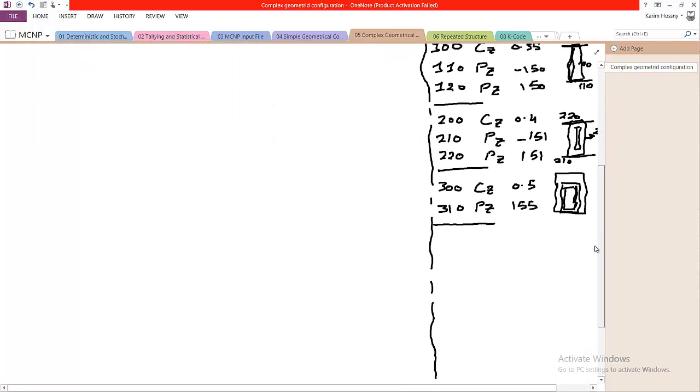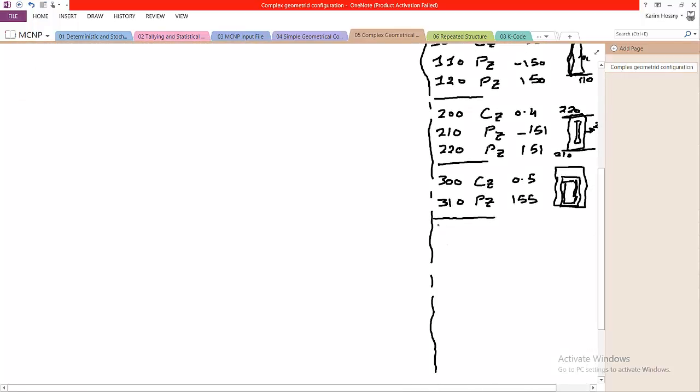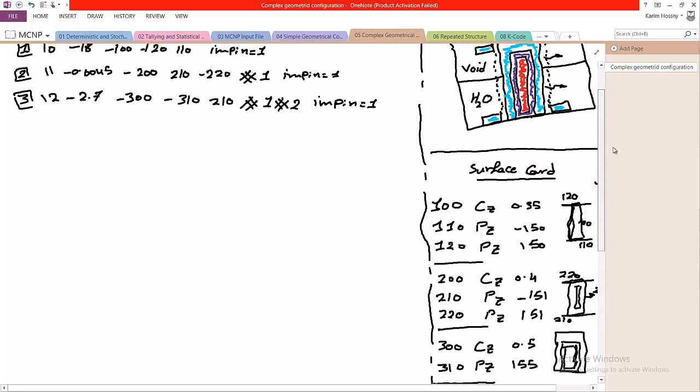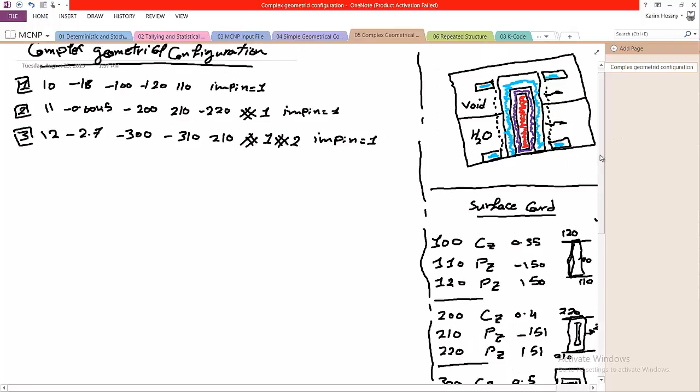Therefore, now we're going to describe the tolerance. It can be like CZ, let's say 0.6, or 110 will be PZ, let's say at the level 0, if you want the water level to be exactly at the center.